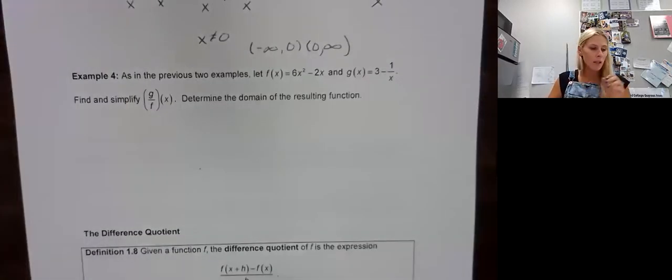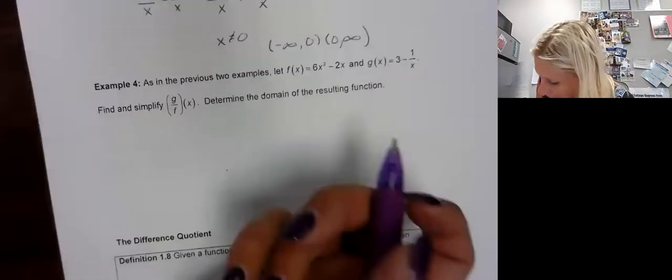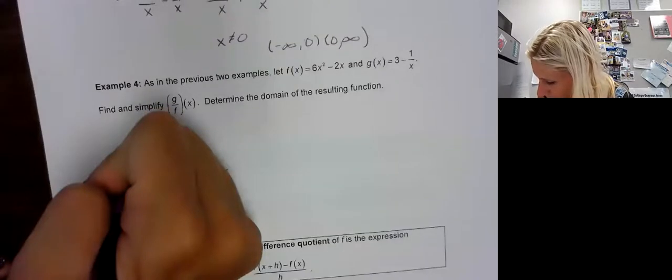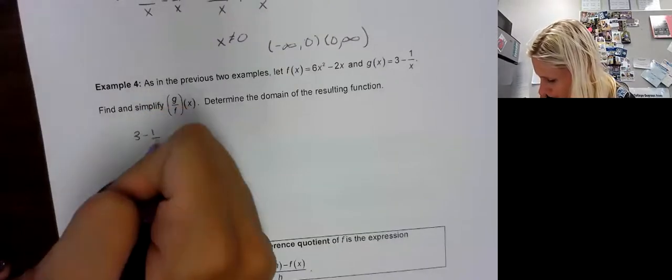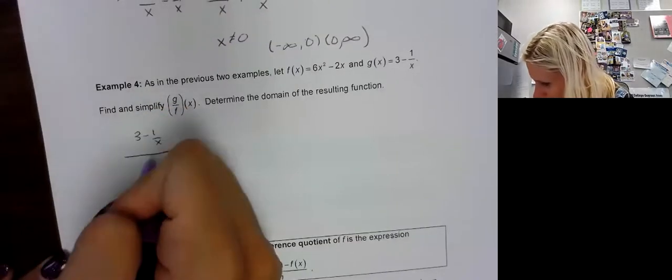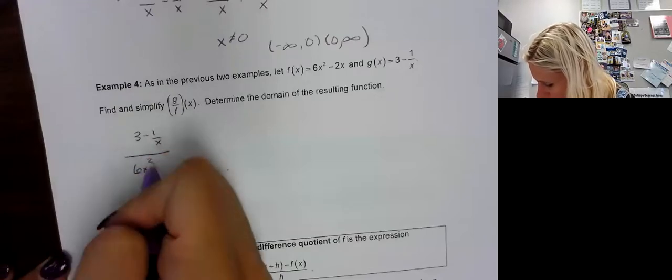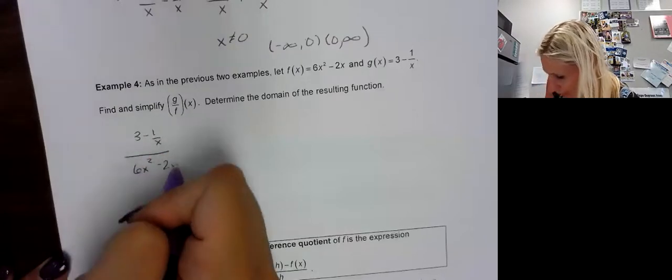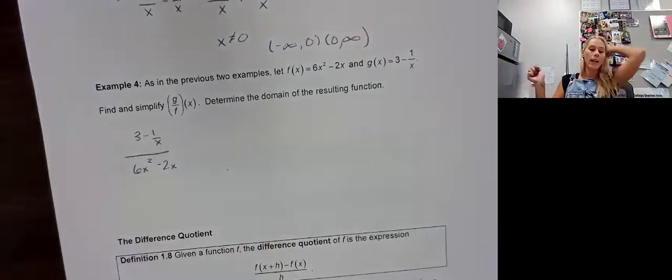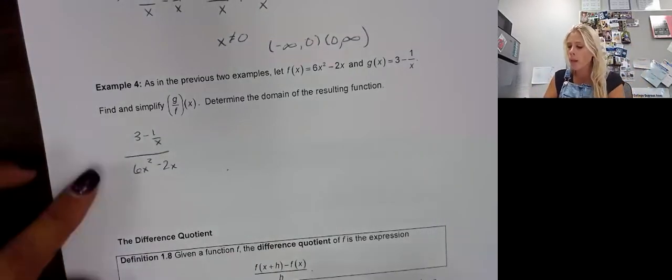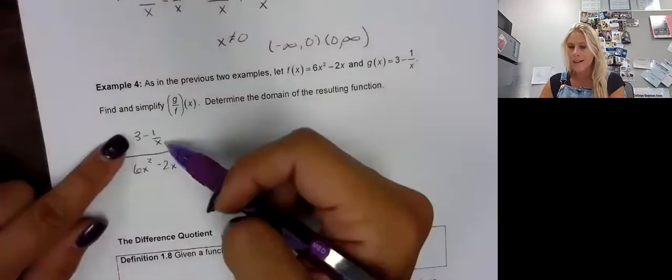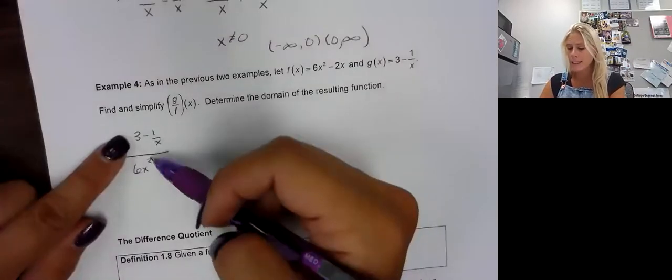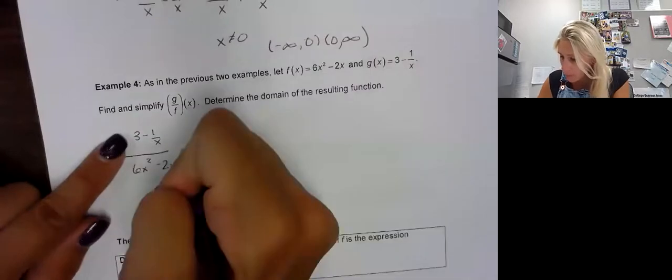Okay, again, watch that order. So right now, if I just write this out, I get 3 minus 1 over x all over 6x squared minus 2x. Okay, we're going to have to do some algebra in here, so make sure you bear with me. The only way I can combine this up here is to have a common denominator.